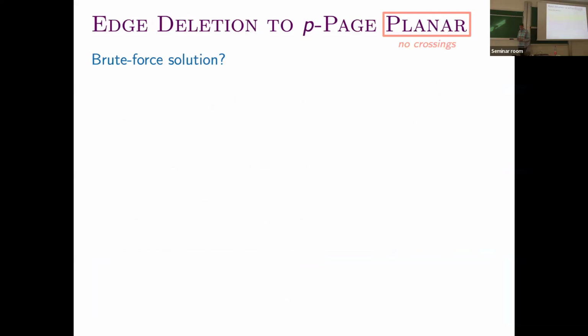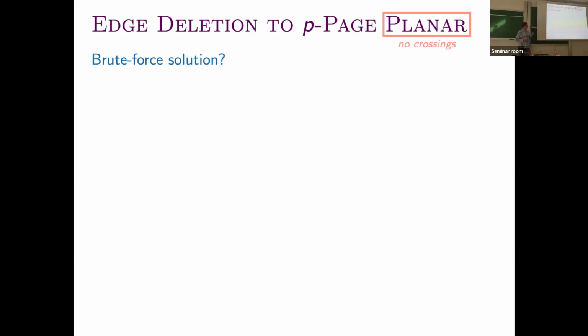So let's first check how much time we would need for a brute force solution. What would you do? You want to map your m edges to p pages, but you allow deleting edges.